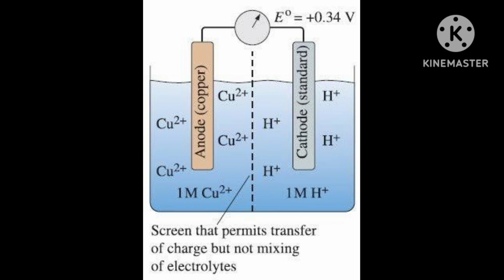Here the anode has more tendency to lose electrons, so it will develop more potential in comparison to the cathode. The cathode will develop less potential, correct? More potential on the anode side, less potential on the cathode side. Just like water flows from a high surface to a low surface, current also flows like that.